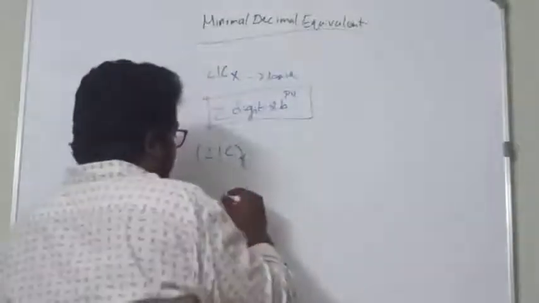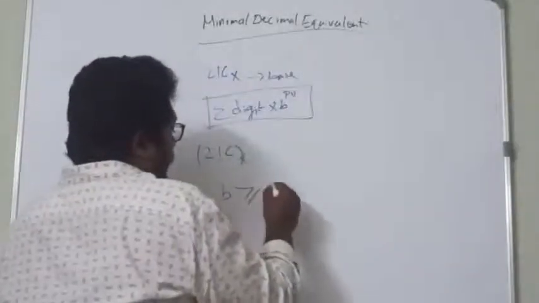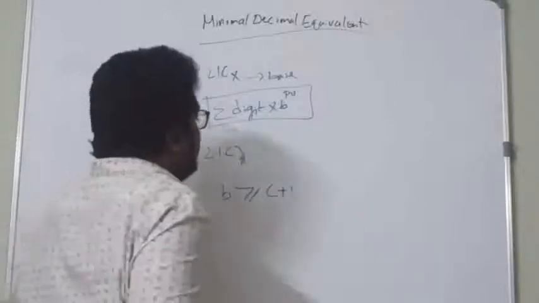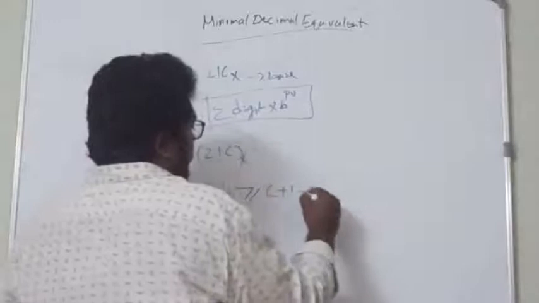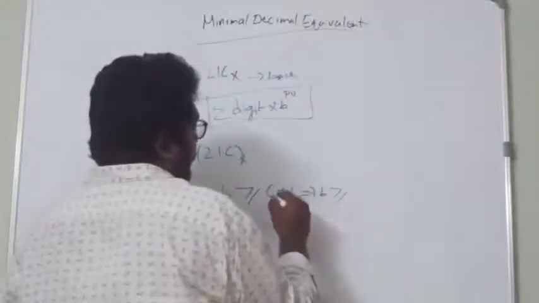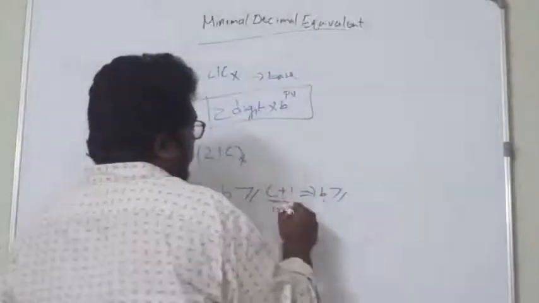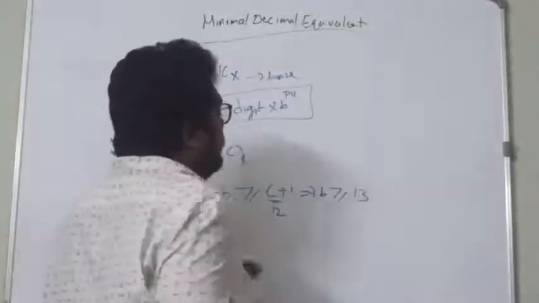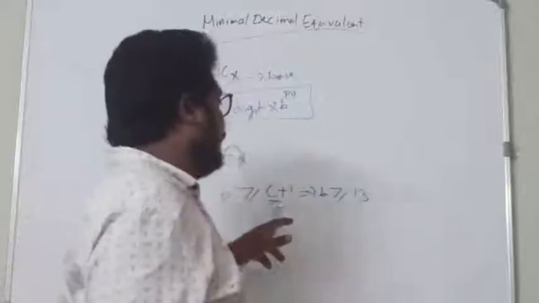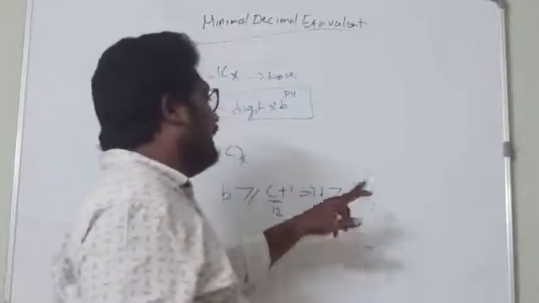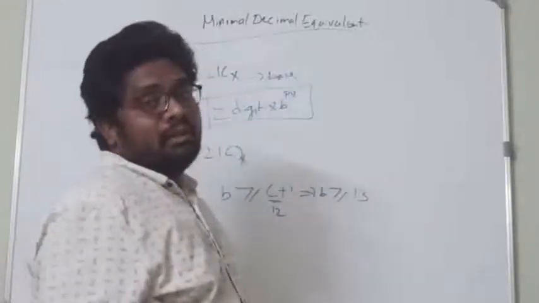That is, the base B must be greater than or equal to C plus 1. Here C means 12, the decoded value for 12 in a hexadecimal number, right? So B must be greater than or equal to 13.